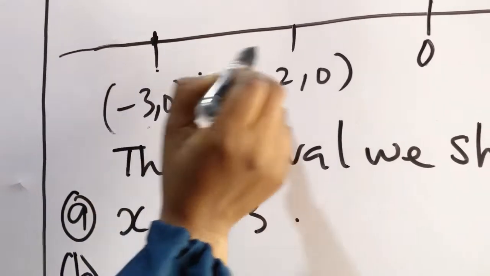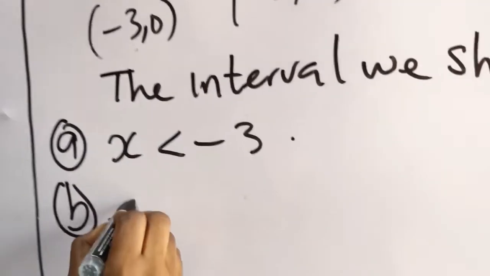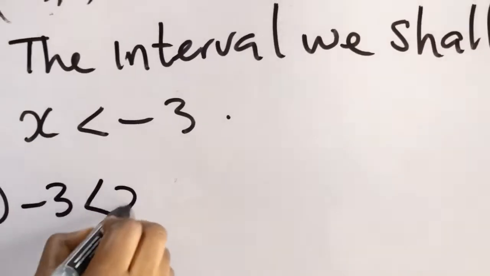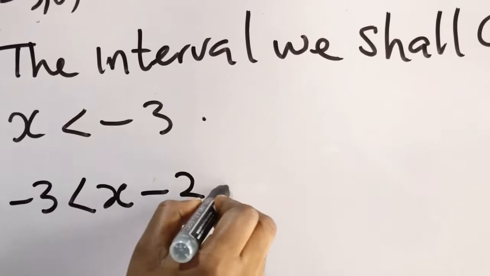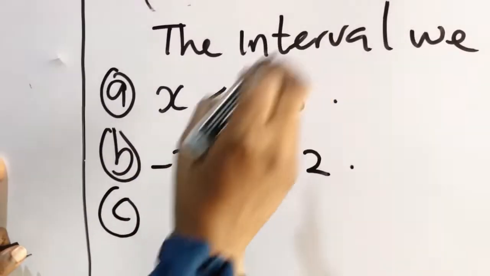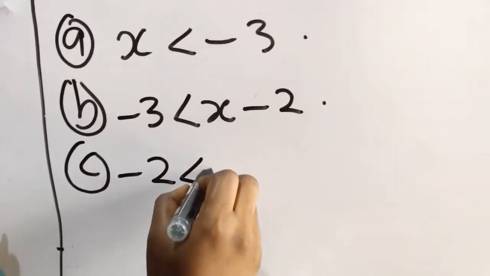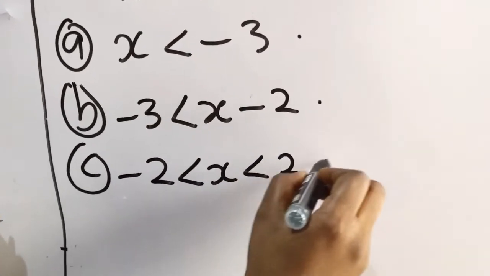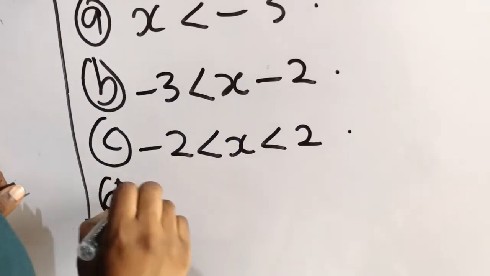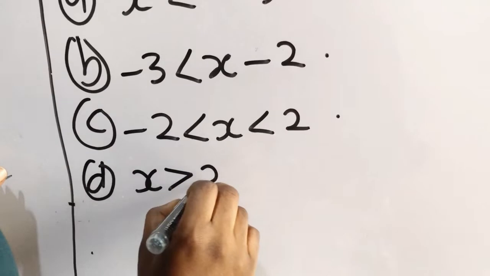B, minus 3 less than x less than minus 2. C, minus 2 less than x less than 2. D, x is greater than 2.